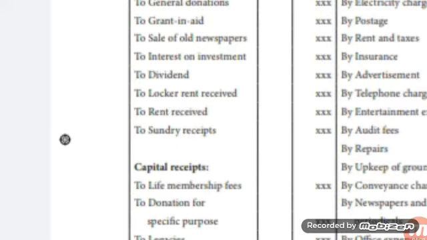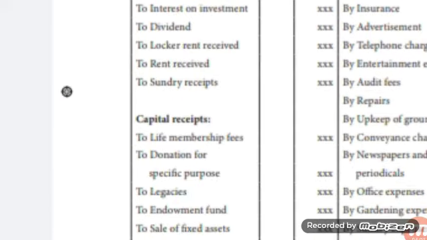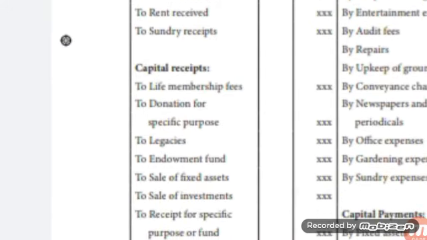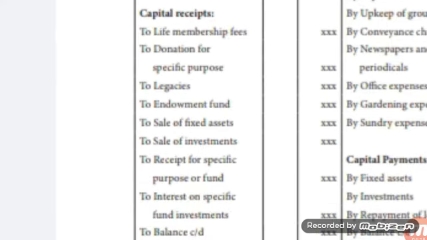What are the capital receipts? Life membership fees, donation for specific purpose, legacies, endowment fund, sale of fixed asset, sale of investment, receipts for specific purpose fund, interest on specific fund investment. These are the receipts.